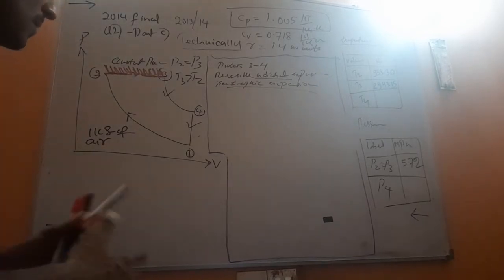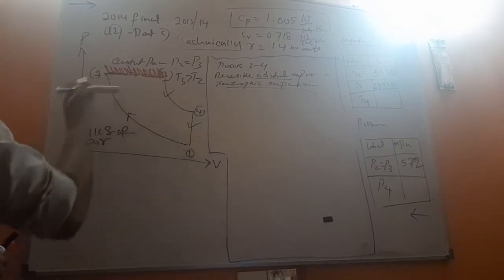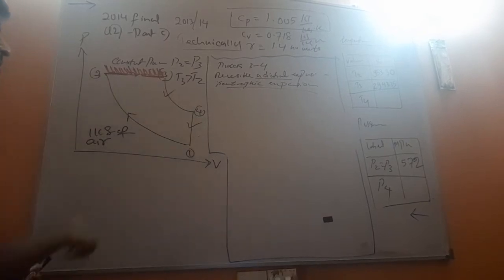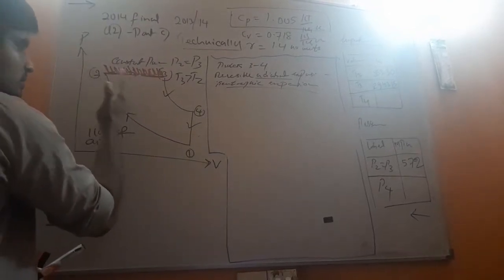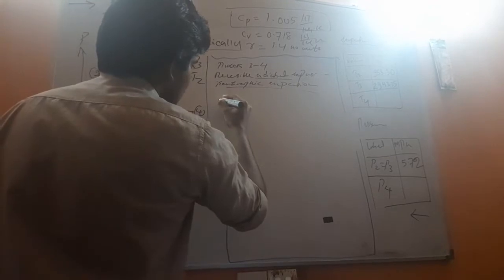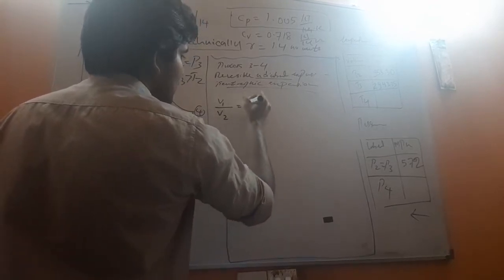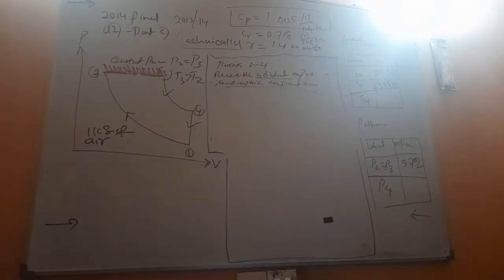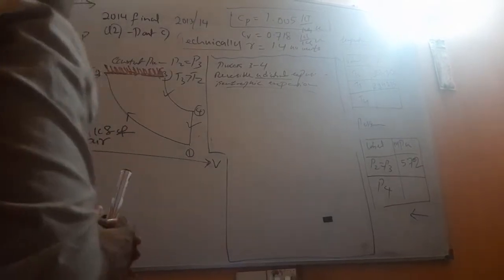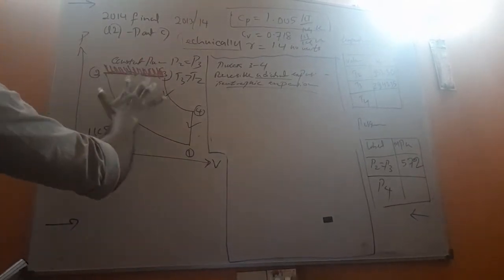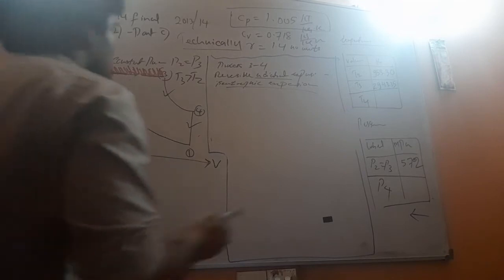Now in this problem they have given us the ratio of V1 and V2. That means the initial volume V1 is reduced up to this level. So you know V1 divided by V2 equals 18. Now this is a constant pressure heating process, so you can use the ideal gas equation.